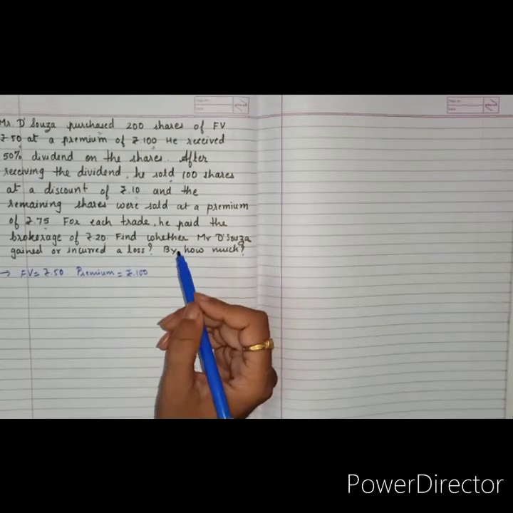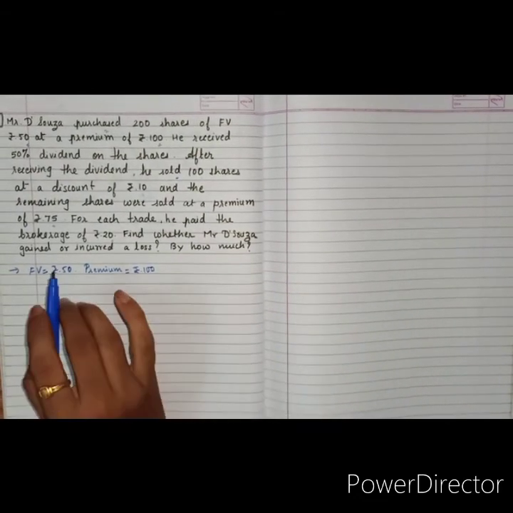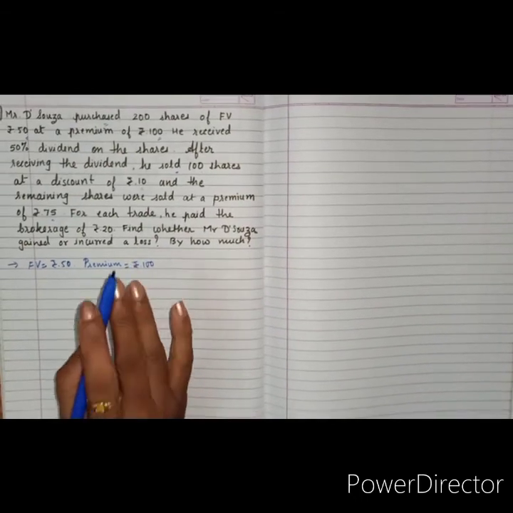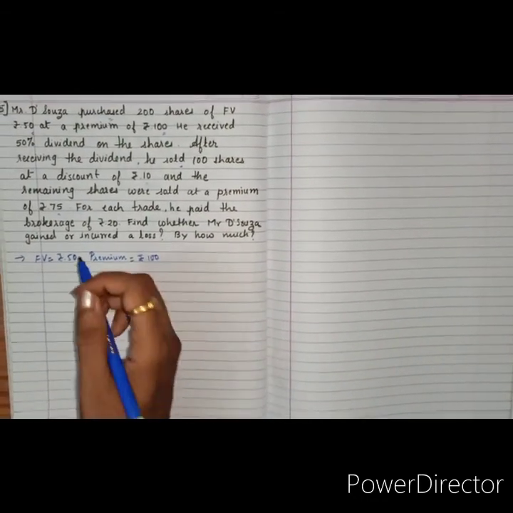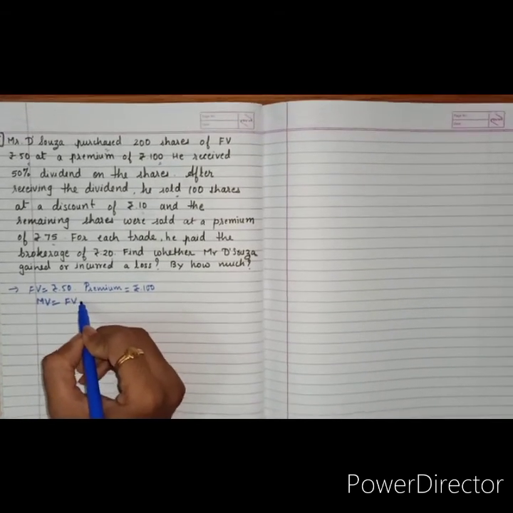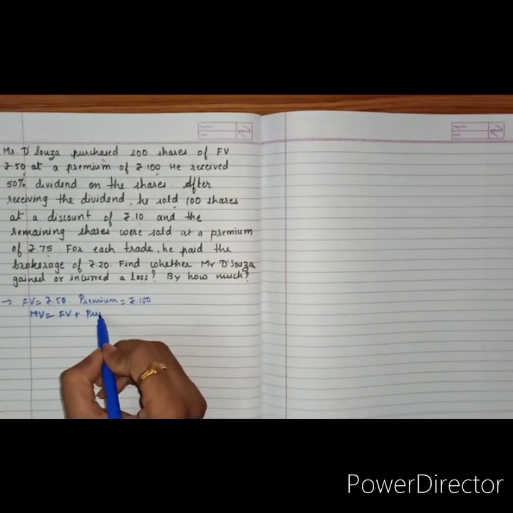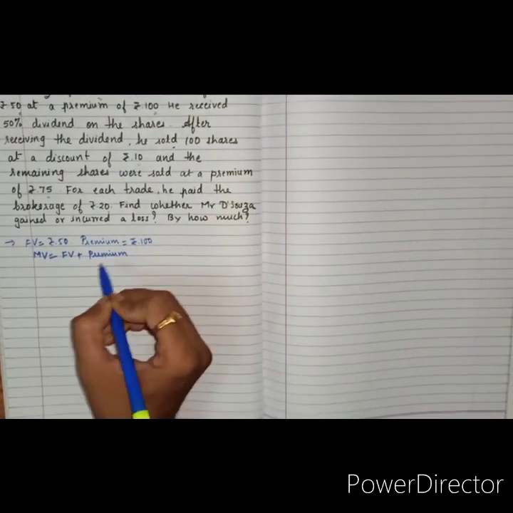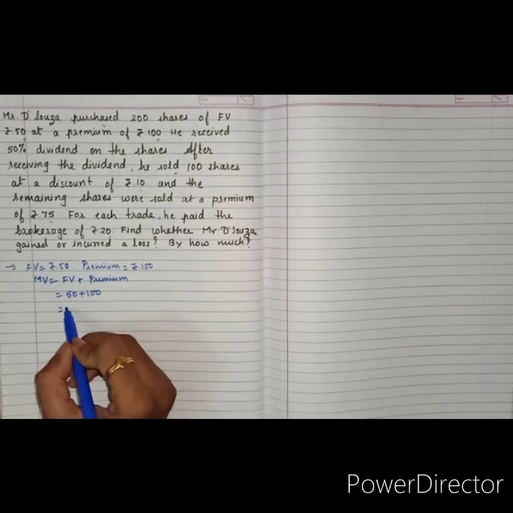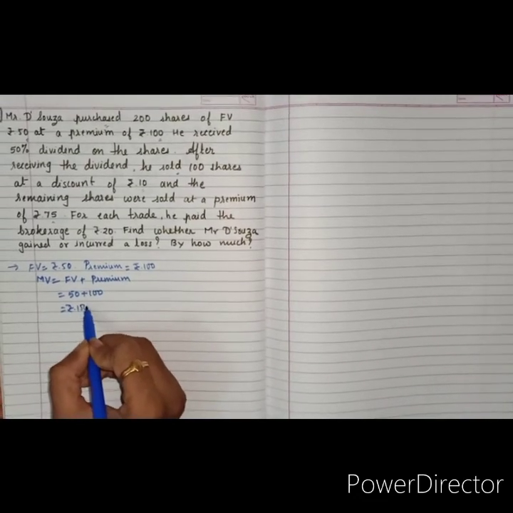So premium is 100. What will be the market value? Naturally, market value will be face value plus premium. This is equal to 50 plus 100, that is rupees 150.